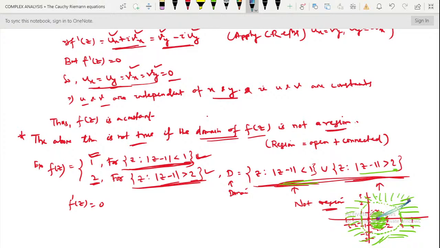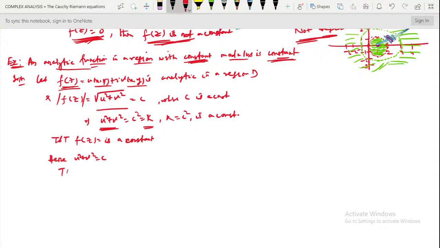Here u squared plus v squared equals a constant. So taking the derivatives of both sides with respect to x.